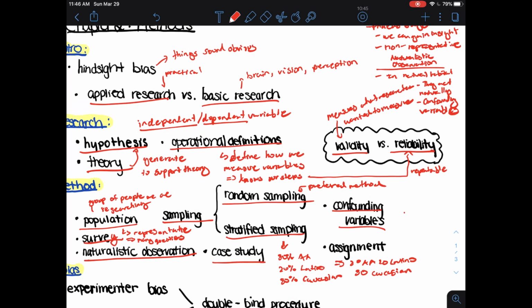And then we look at confounding variables. A confounding variable is any difference between the experimental and control conditions except for the independent and dependent variable. So in short, they are factors that we didn't take into account or just couldn't control.